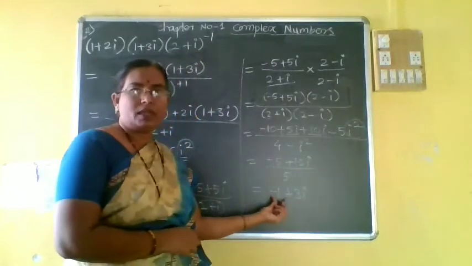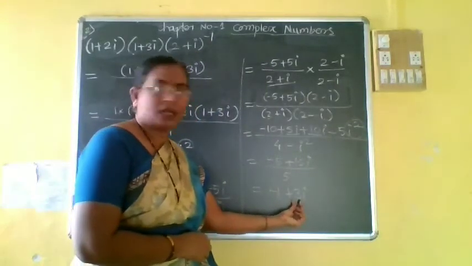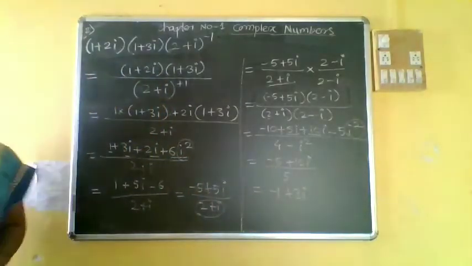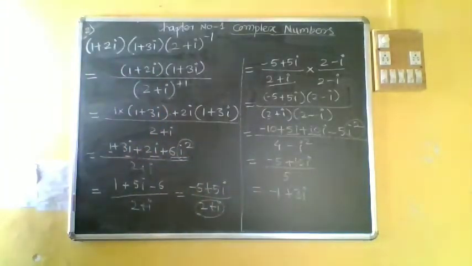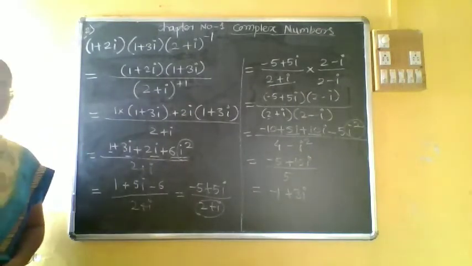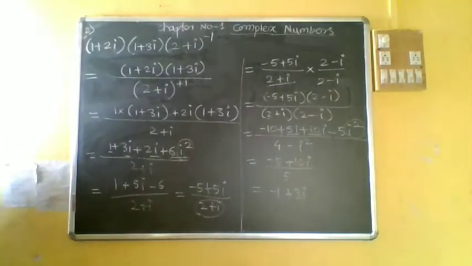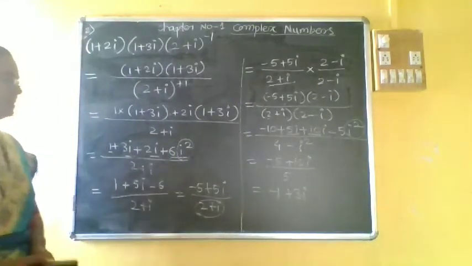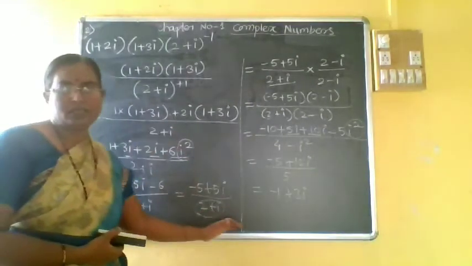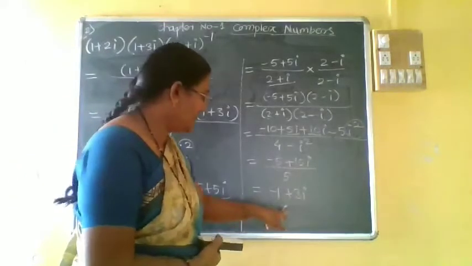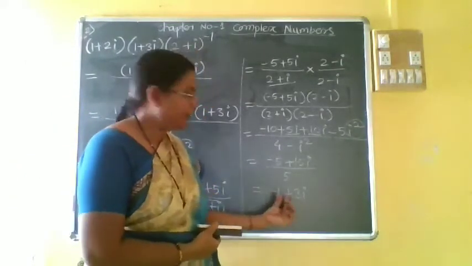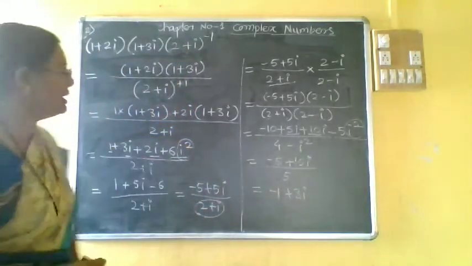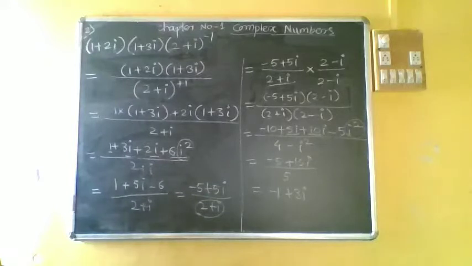What is the value of a? a is minus 1 and b is plus 3. See, what is the format of this? It is in the format of a plus b into i, a is here minus 1 and b is here 3. Okay, get it, students? Let us take the next example.